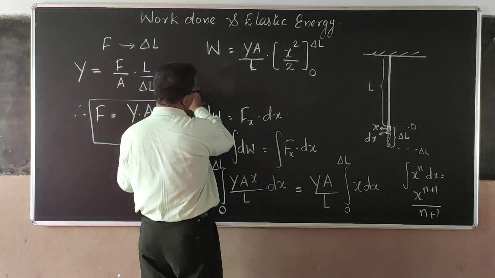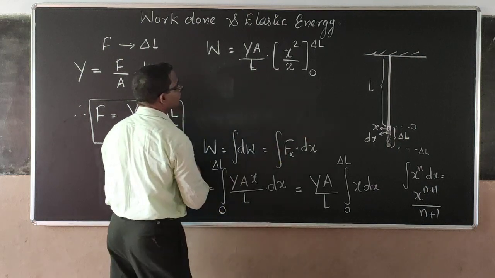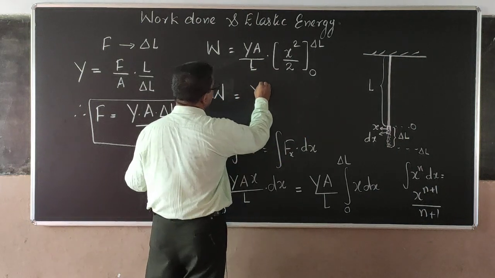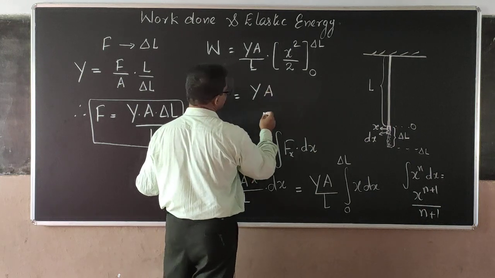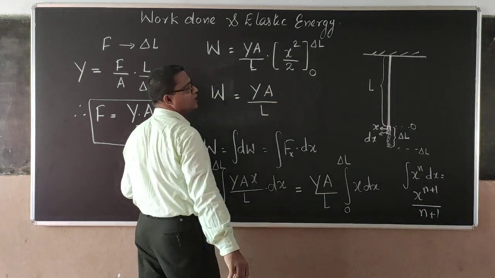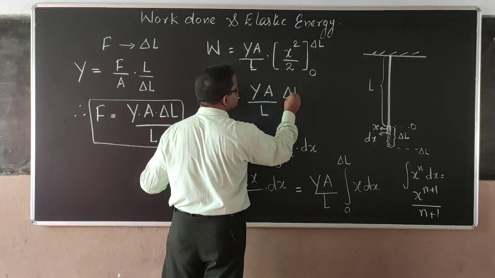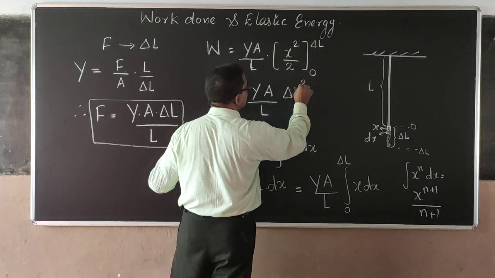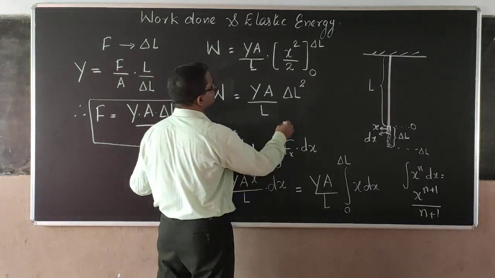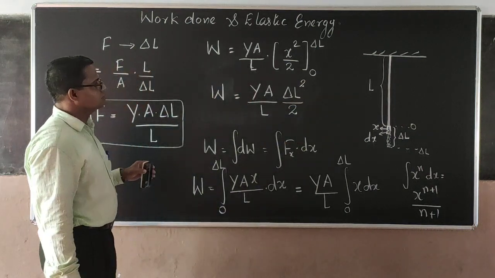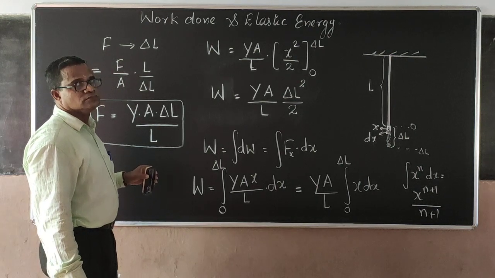Therefore, the work done W will be equal to Y into A divided by L into delta L the square, divided by 2. Okay?